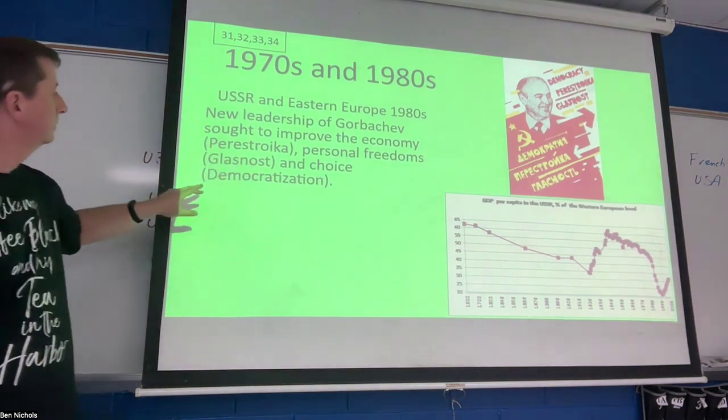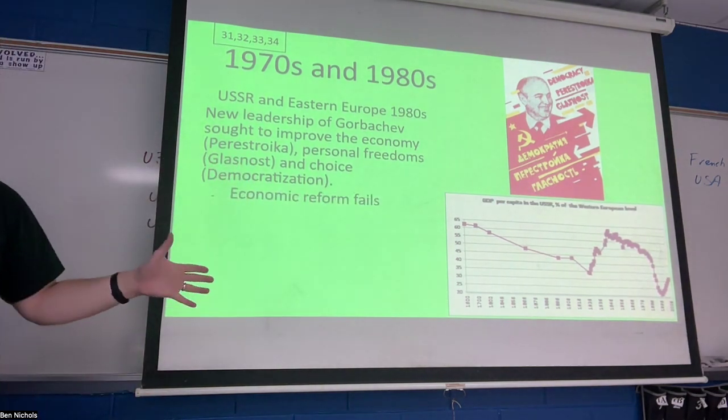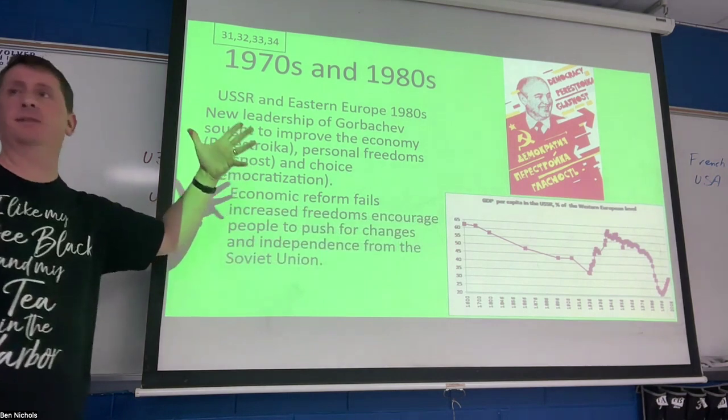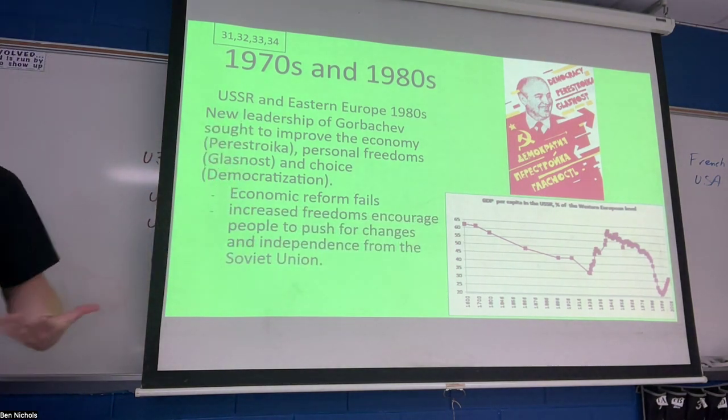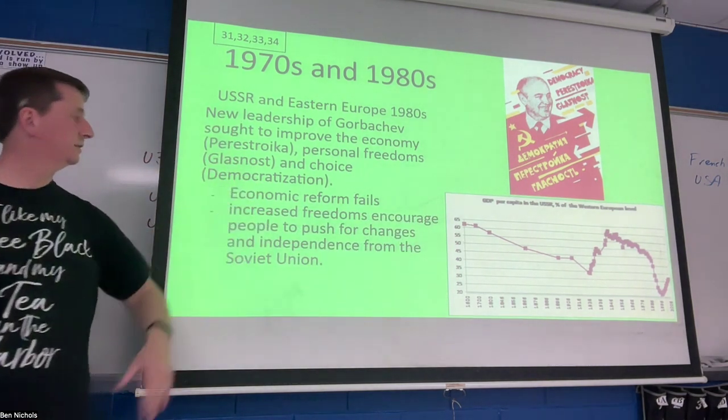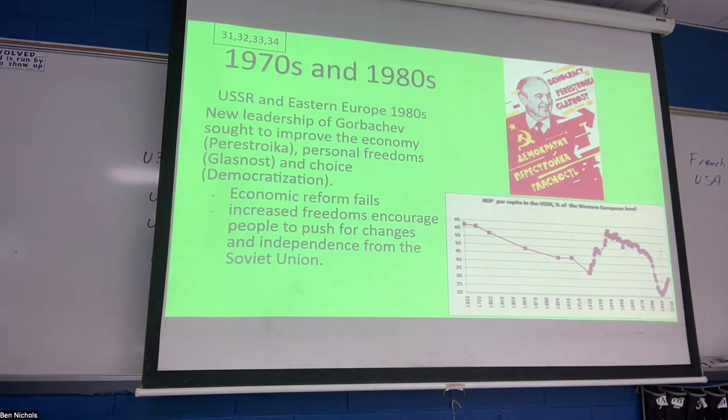Perestroika is a failure. Glasnost, big success. People love talking smack about the Soviet Union. They've been saving it up for a while. And then democratization is also a huge success, because when people finally get a choice in their government, they, in huge numbers, choose not communism.